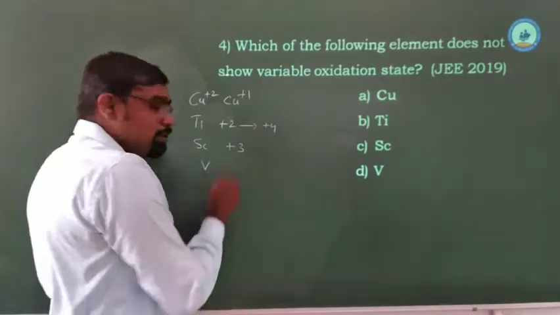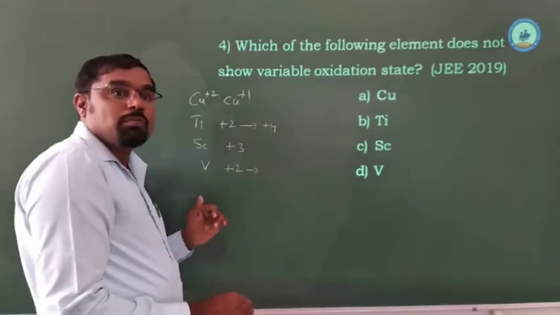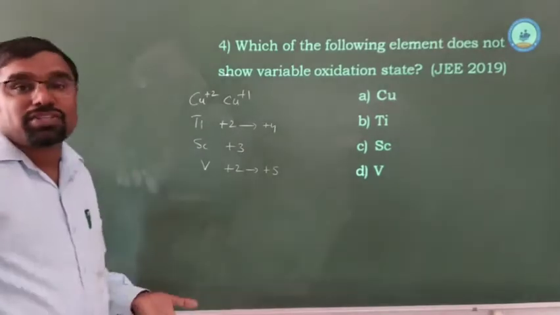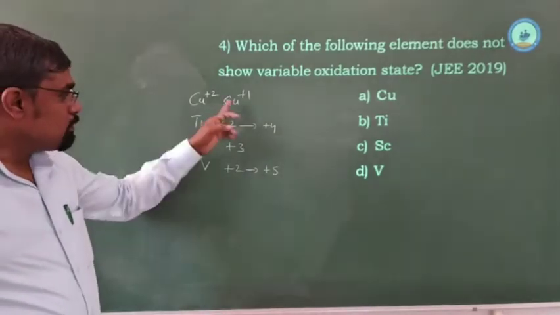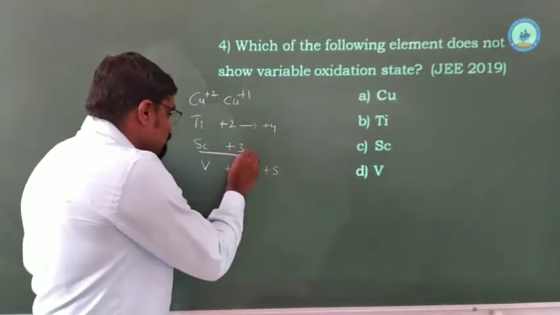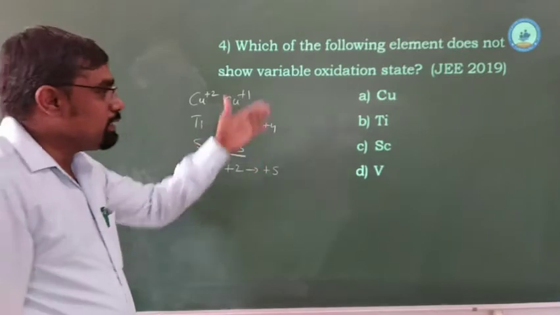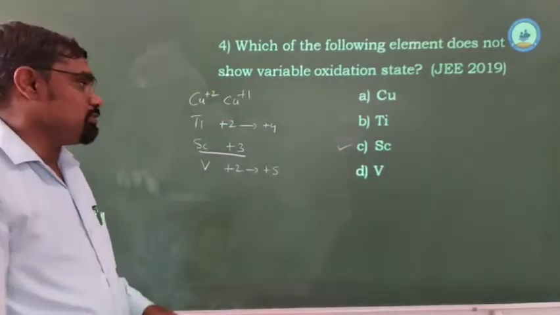Vanadium shows +2 to +5 oxidation states. So the only one which does not have a variable oxidation state is scandium. You can answer it within 1 second and go for the next question.